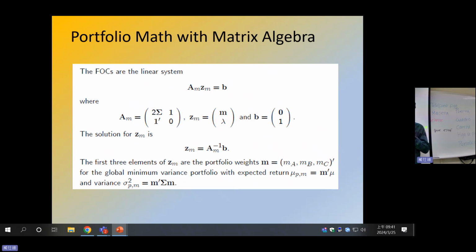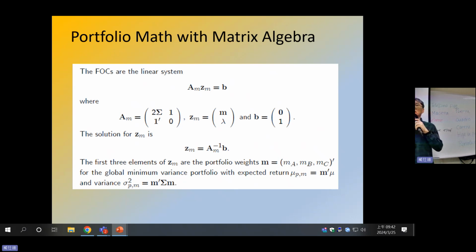We can calculate the portfolio returns, but in this case you can just use the historical average returns. We haven't talked about the realized returns, because that will be more complicated, but we will talk about that in the future.